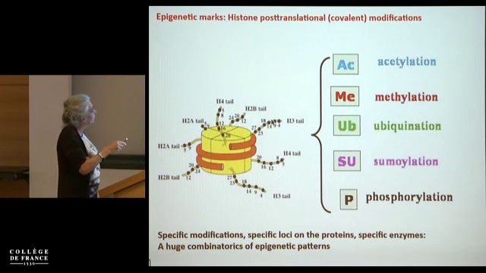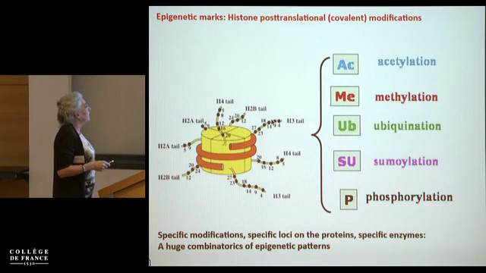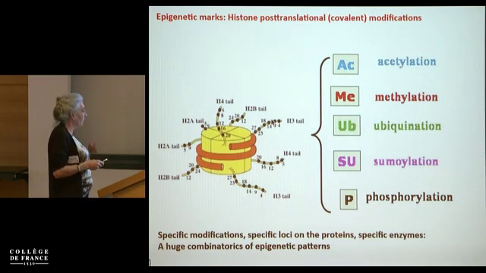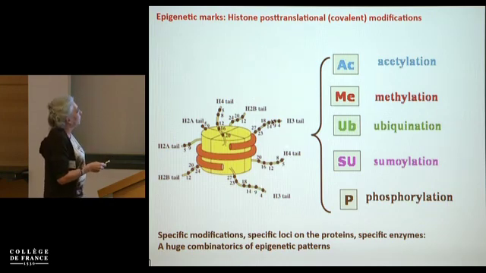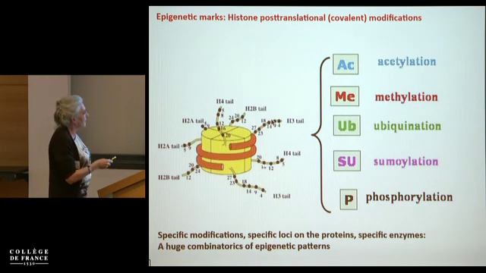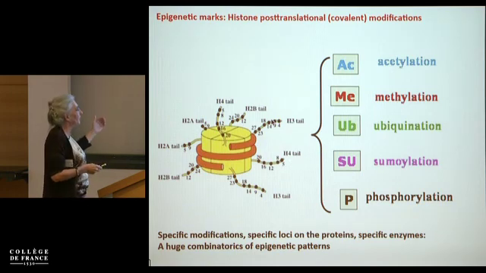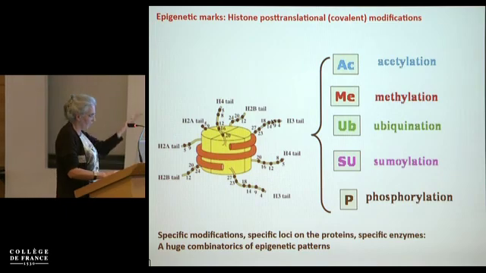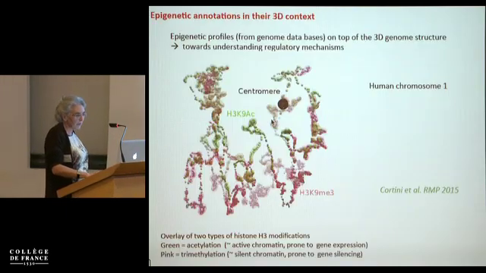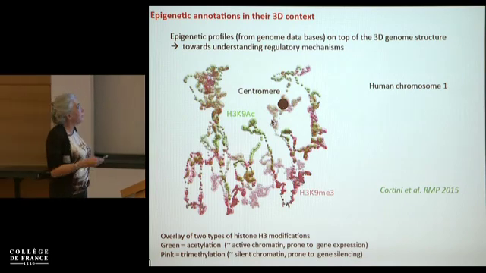And there are a lot of possible covalent modifications of these proteins, and they have been demonstrated to play a huge and very important role in regulation of transcription. A lot of big projects, the ENCODE project and several other ones, provided linear annotation of these epigenetic marks in the form of linear epigenetic profiles. And it is now, with our algorithm, possible to visualize these epigenetic profiles in their 3D context.